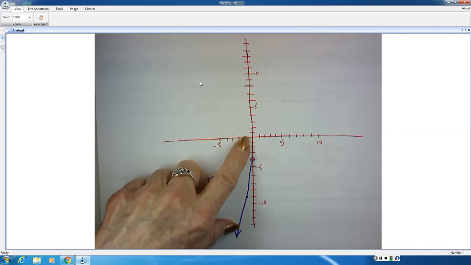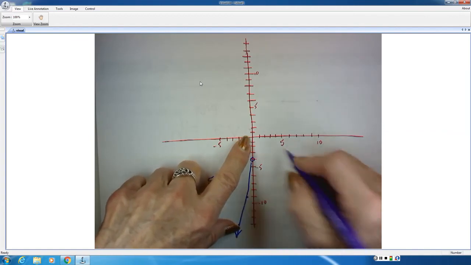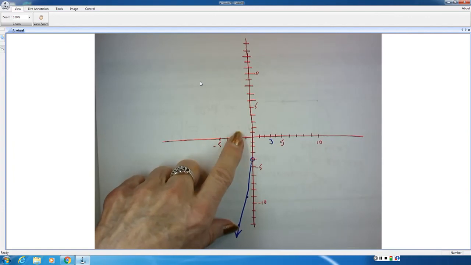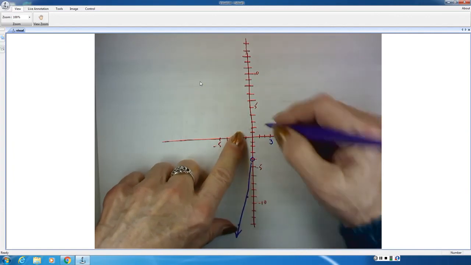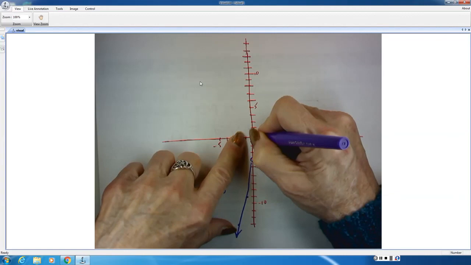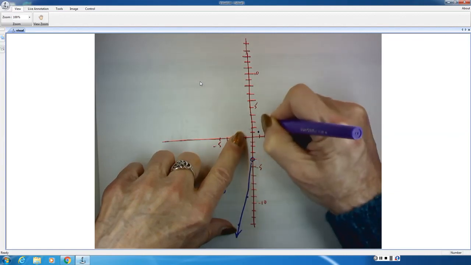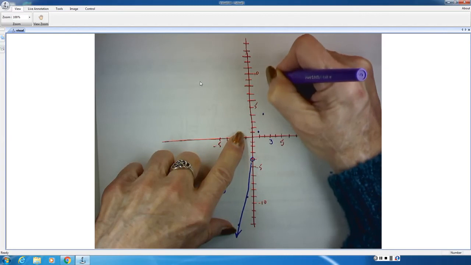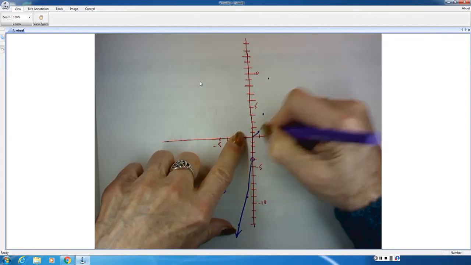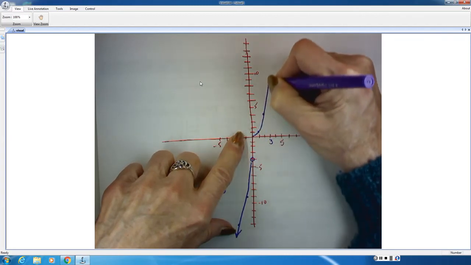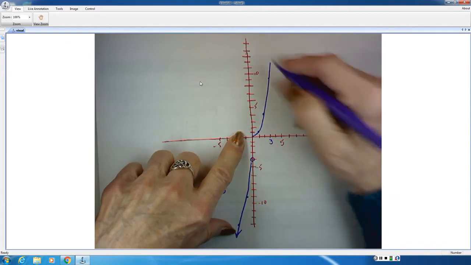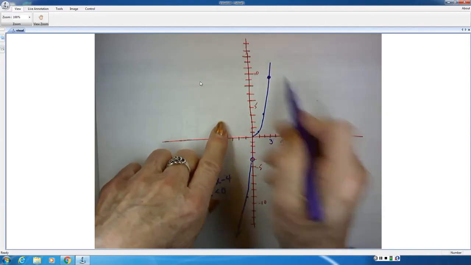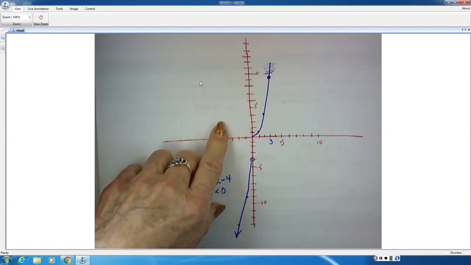Okay? Now then for 0 to 3, here's 3, it turns into a parabola. And it would like to continue on with that parabola, but it has to cut off at 3, so this part doesn't exist, okay?